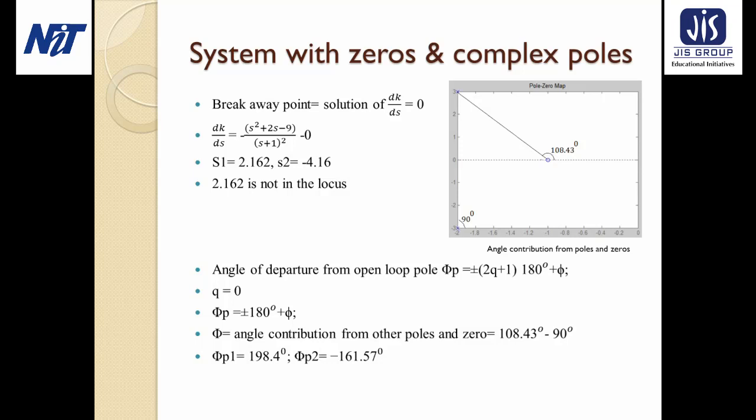So 2.162 is not in the locus. Next we need to find out the angle of departure from the open loop pole, because it has two complex poles, and for this we need to find out the angle of departure.